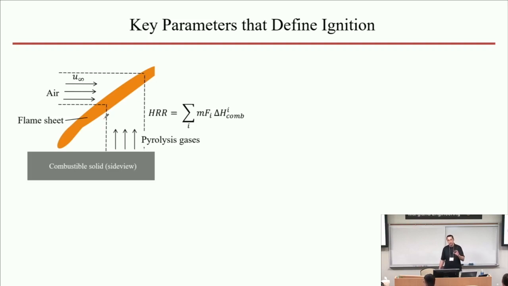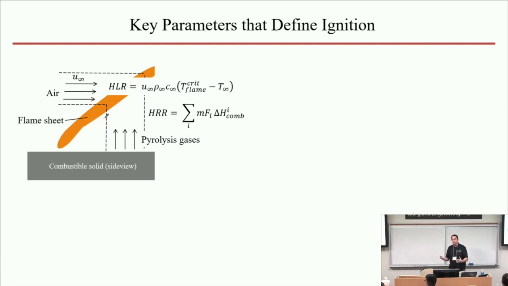Now note that I transition from assuming that there is a single gas, a single heat of combustion, to the possibility that there are multiple gases with multiple heats of combustion. So I'm slowly going to the domain of these comprehensive pyrolysis models that fundamentally allow for this to happen. Now, that heat release rate is balanced with heat losses, which are defined by environmental conditions.